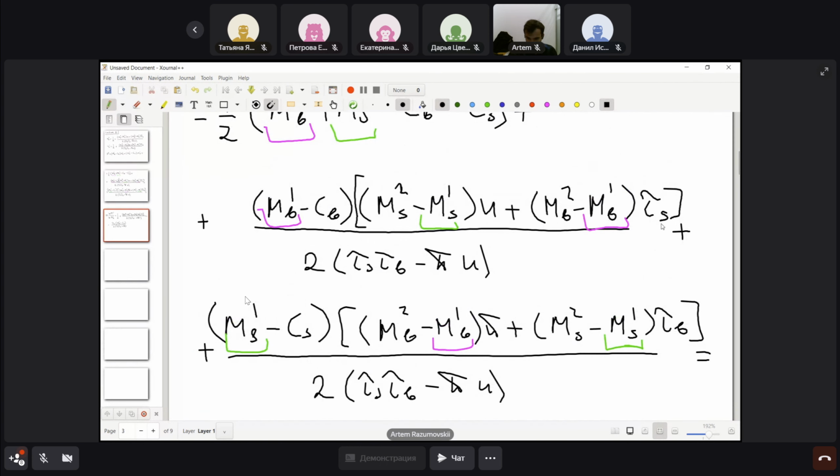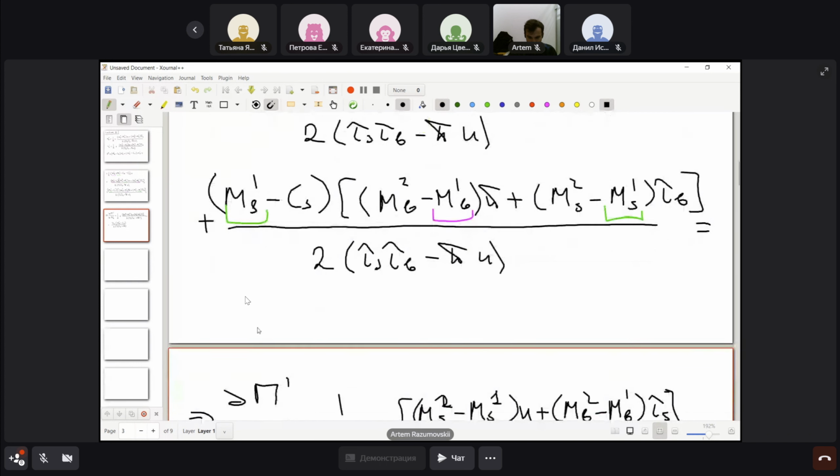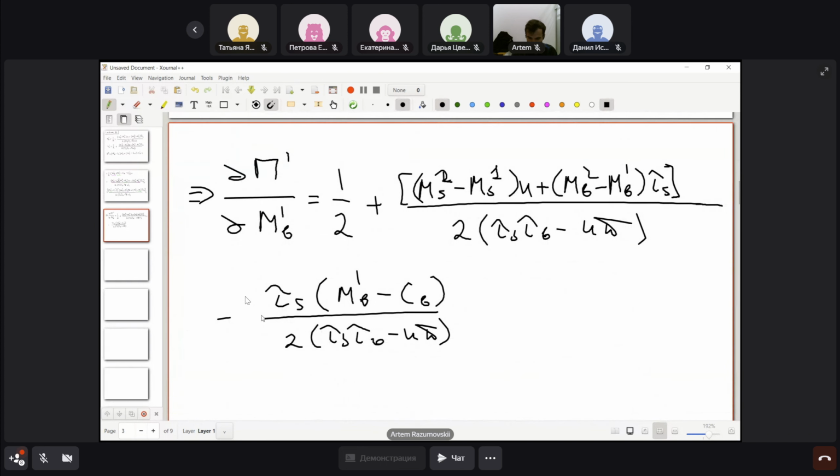So that's the first term. The third is just minus p multiplied by (ms minus cs). Since it's with minus, I can put it here, so it will be p, and this equals 0.